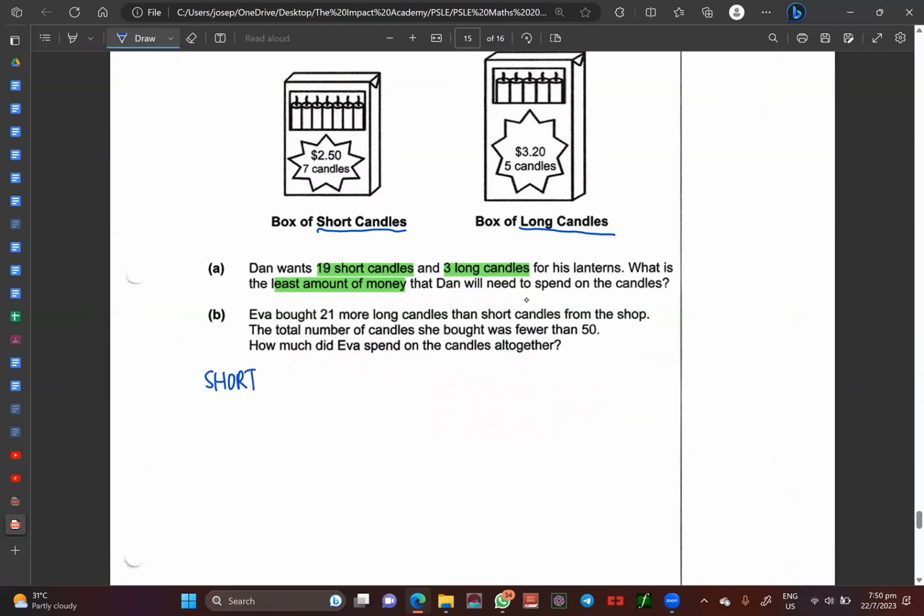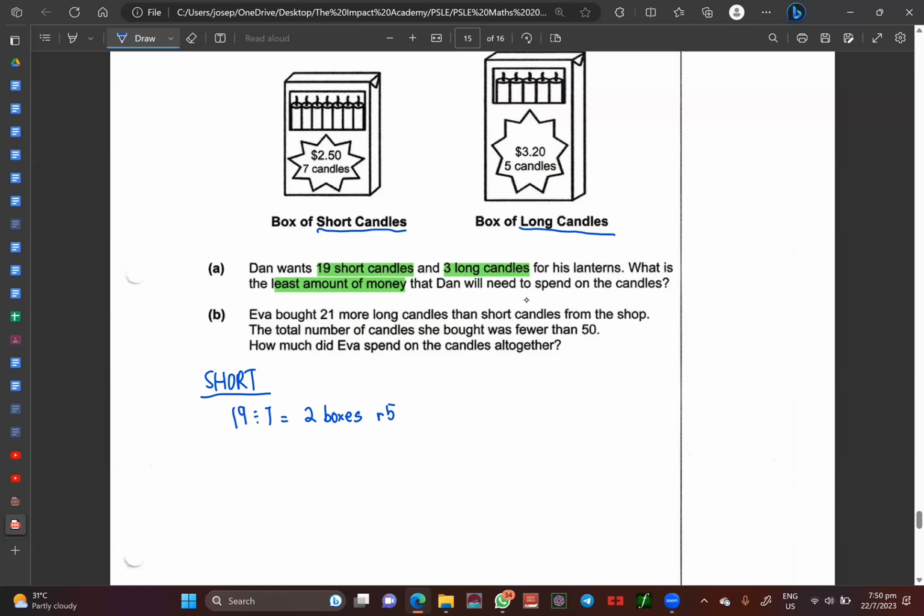Now for short candles, if I have 19 short candles, that means I will do 19 divided by 7. When I do 19 divided by 7, I get 2.7 something, right? So you just write down 2 boxes, and then there is a remainder of 5.